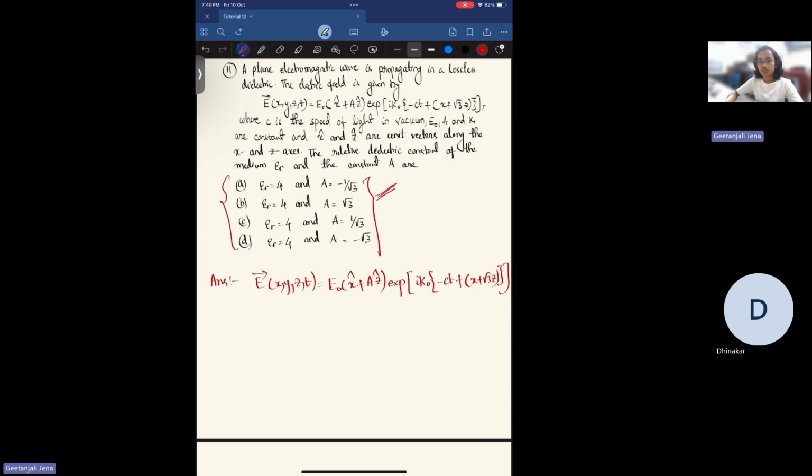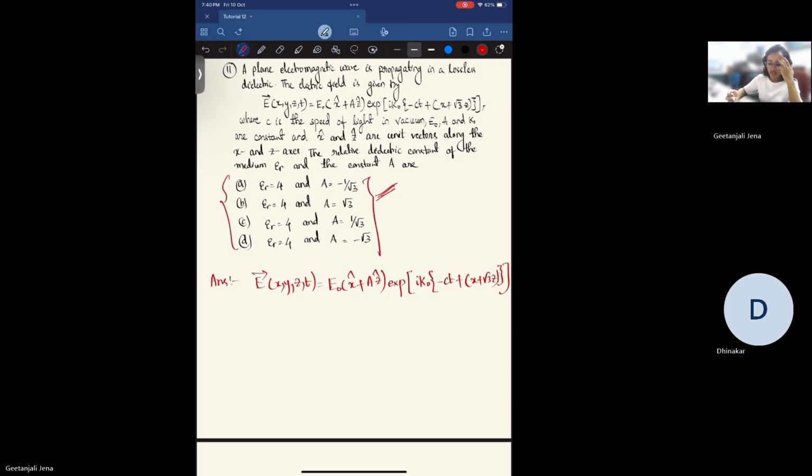Dinakar, I think you have raised your hand. Let me allow your mic. Yes, you can speak now. Is it option A? Yes, it's option A, because the propagation vector, in a dot product with the amplitude of the electric field, would produce zero because of the orthogonality property.